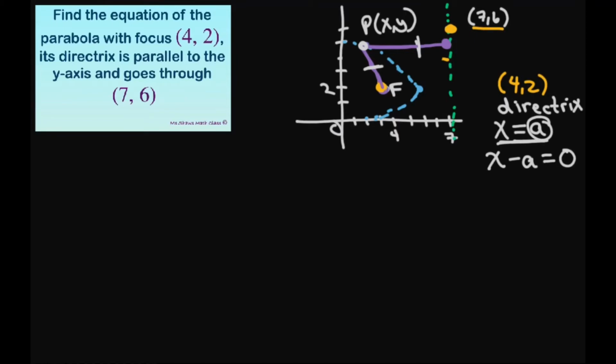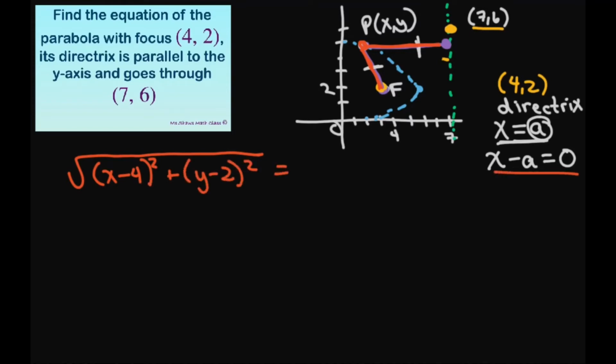So what we're going to do is look at the definition of our parabola and take this distance here and then equal this distance. So basically, from this point here, we're going to have the square root of (x minus 4) squared plus (y minus 2) squared equals this distance.